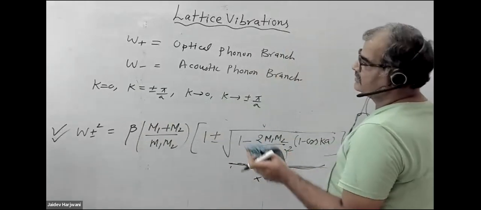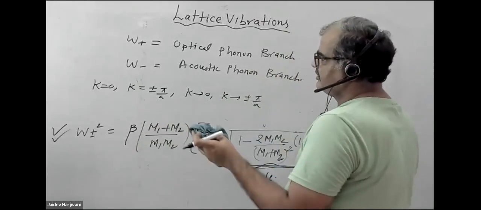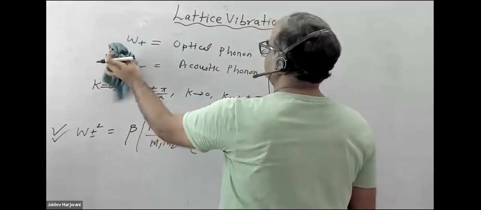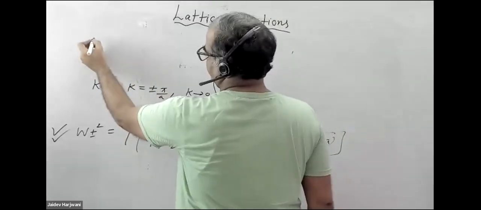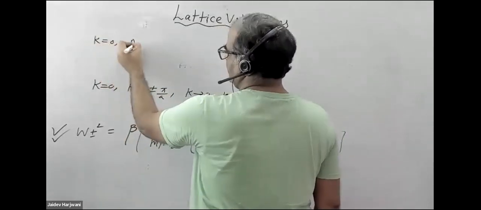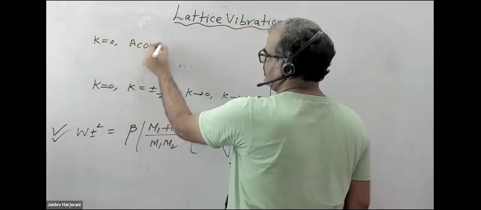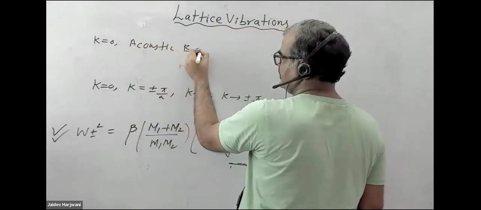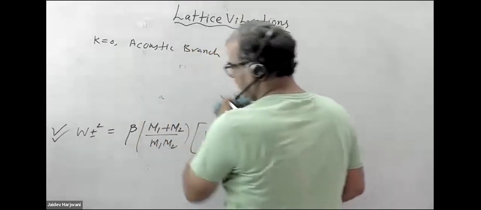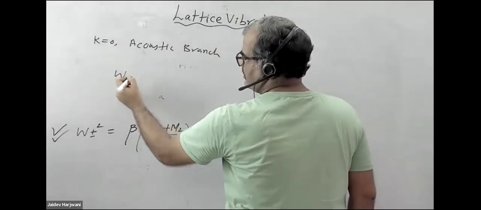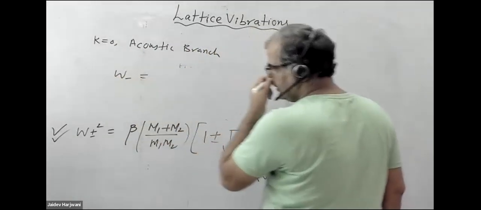So first, put what happens at k is equal to 0. My acoustic branch, acoustic branch means the lower branch, so I am taking omega minus. So what happens?